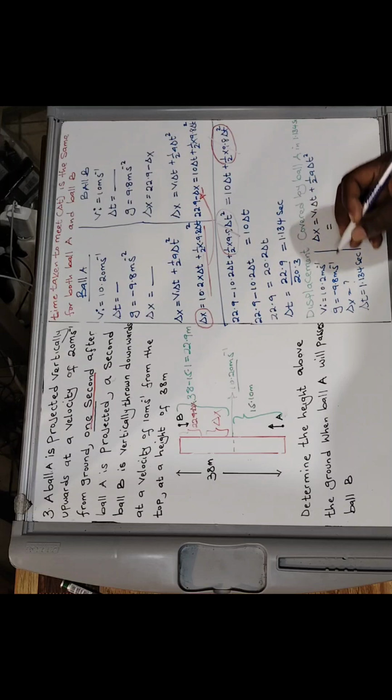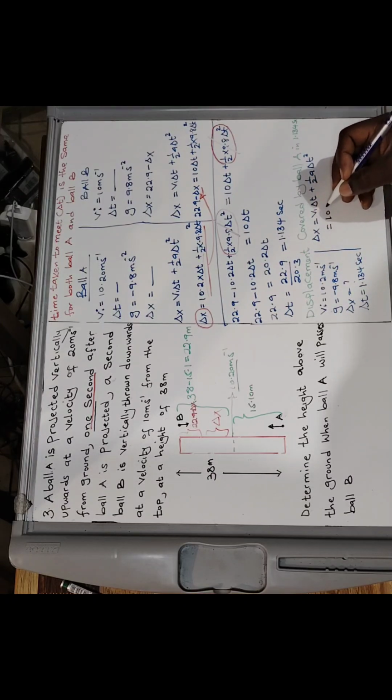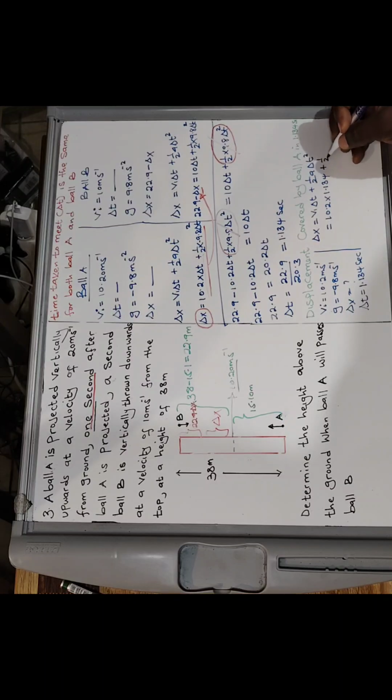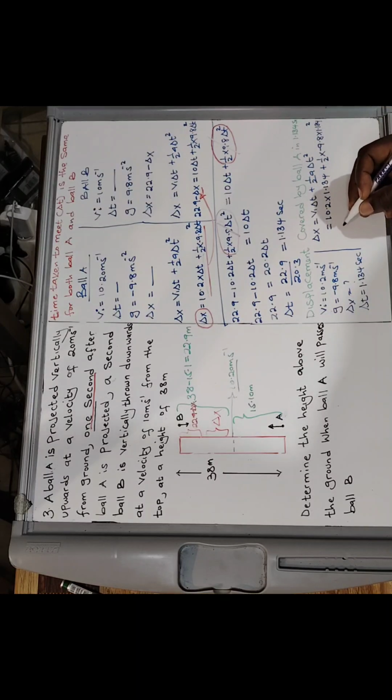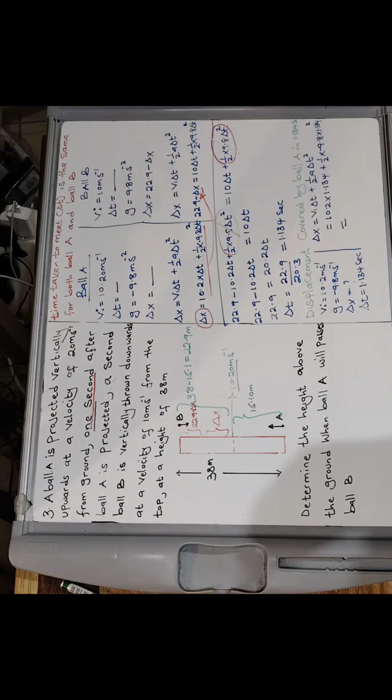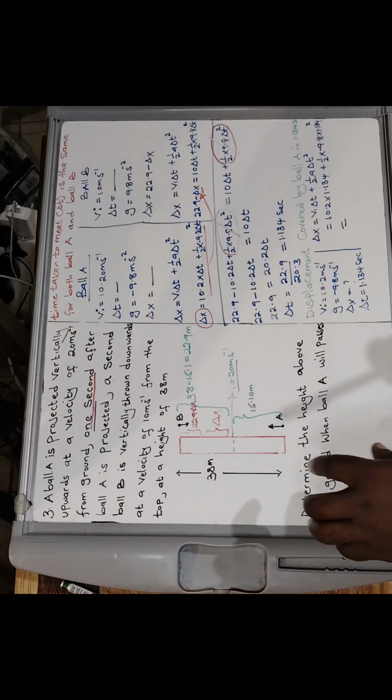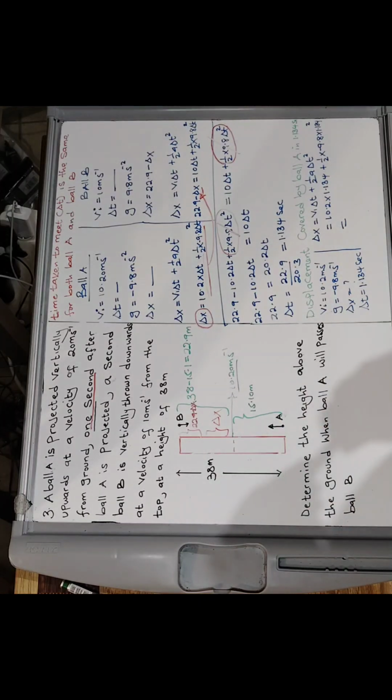And when you substitute in 10.2 times the time plus a half times negative 9.8 times 1.134 squared. What you get here will be the height covered by ball A from its new position.